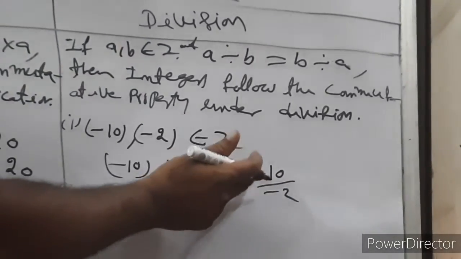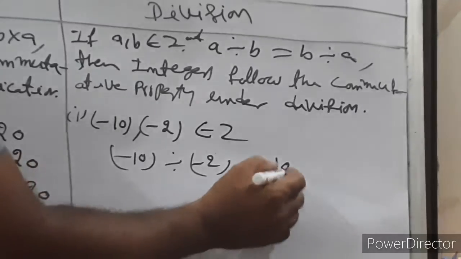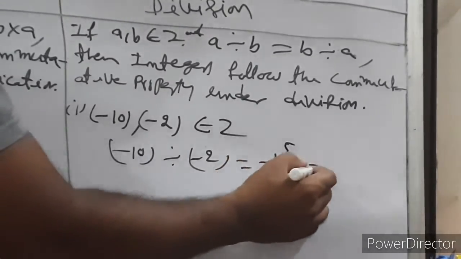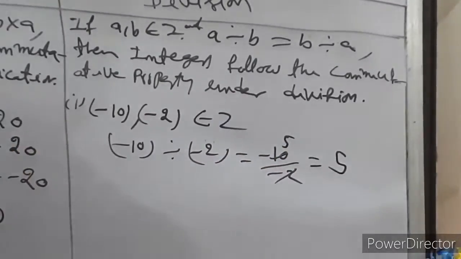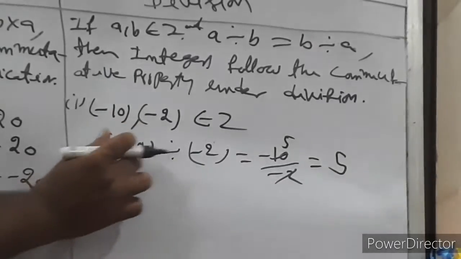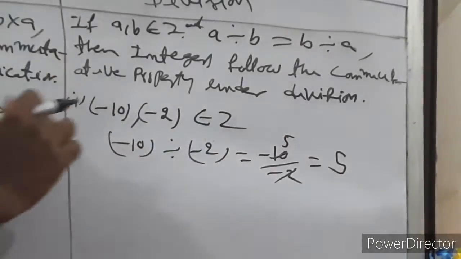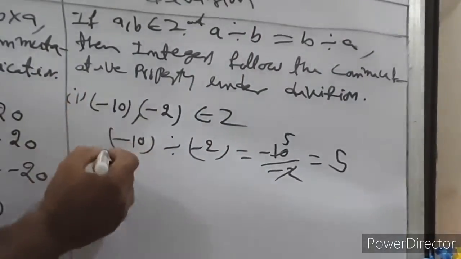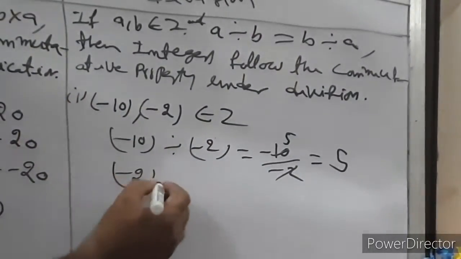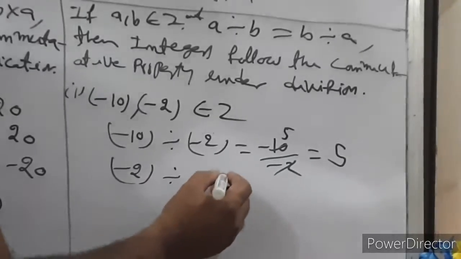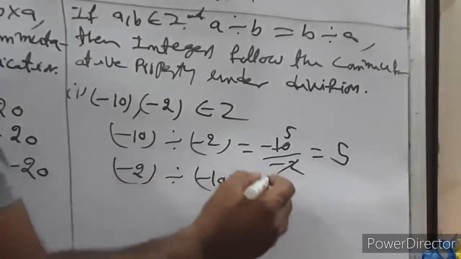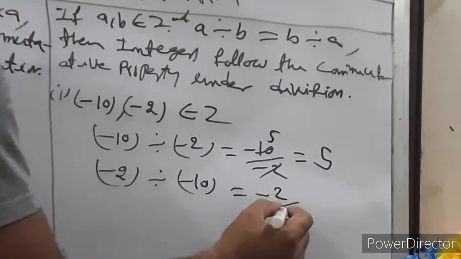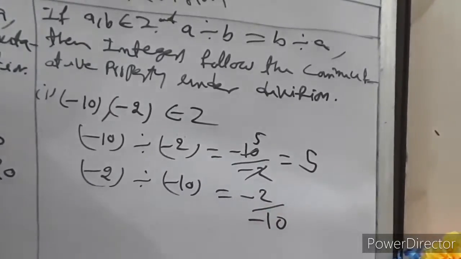In division, minus by minus is plus, 2 ones are 2, 2 fives are 10, so it is equal to 5. This is A divided by B equal to 5. Now we have to do B divided by A. That is minus 2 divided by minus 10, which is minus 2 by minus 10.